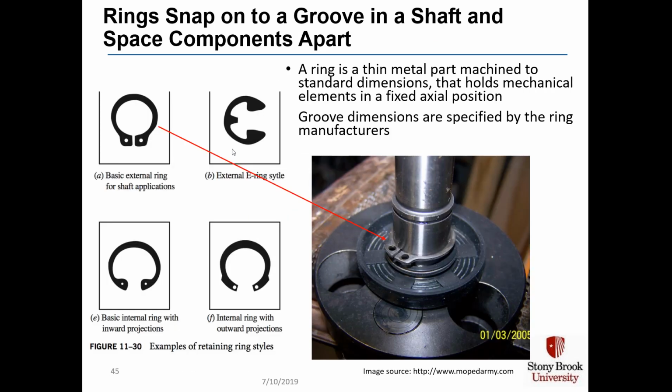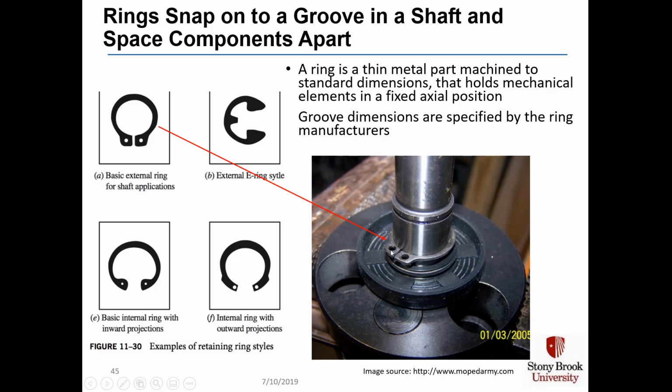Rings snap onto a groove in a shaft and also space components apart. Shown on the left are 4 geometries of a ring. The basic idea is that a ring is a thin metal part machined to standard dimensions. It holds mechanical elements in a fixed axial position, such as shown here in this picture. You have a groove, such as the one I'm pointing to.